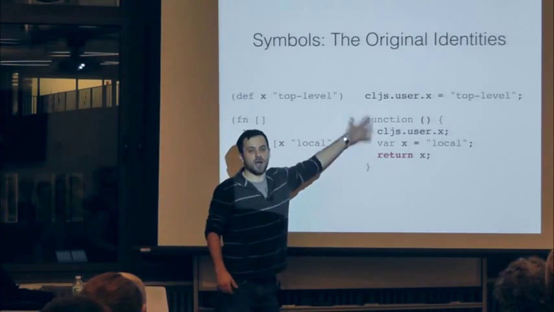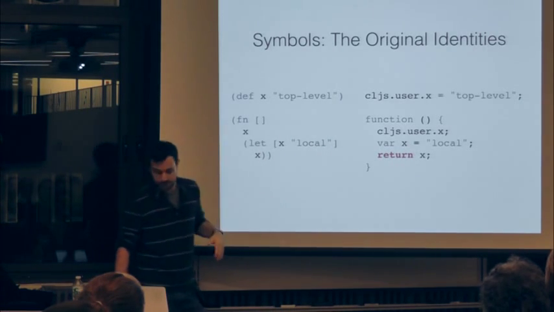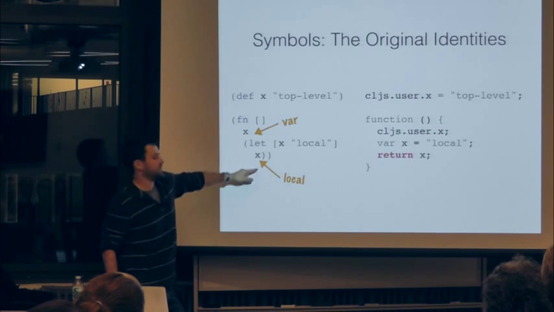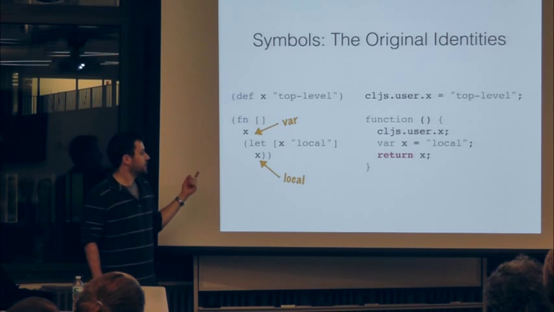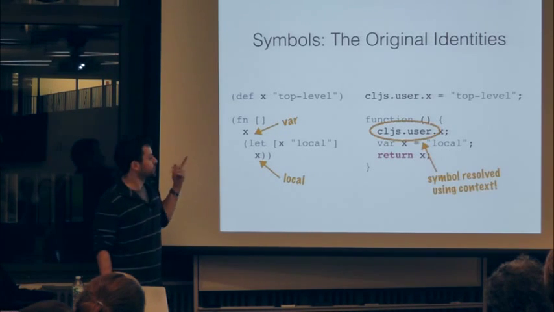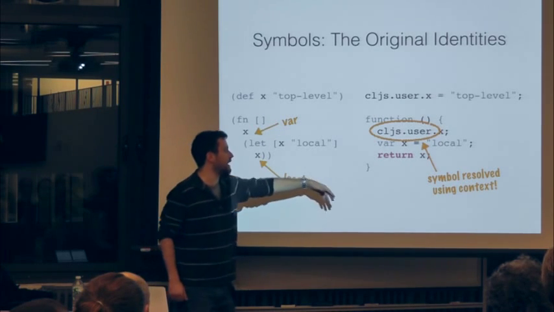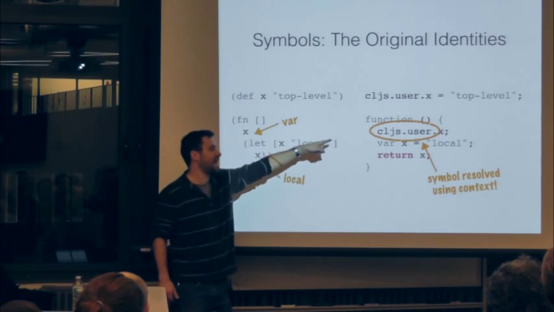And so you need to thread context through your analyzer, your compiler, your code generator to be able to do these things. This X is a var, this X is a local. At runtime, they're both the symbol X, right? But they mean different things in context. And so you can produce your contextually symbol-resolved code here, right? And so at this point in time, when compilation is occurring, that's that X, not this X.